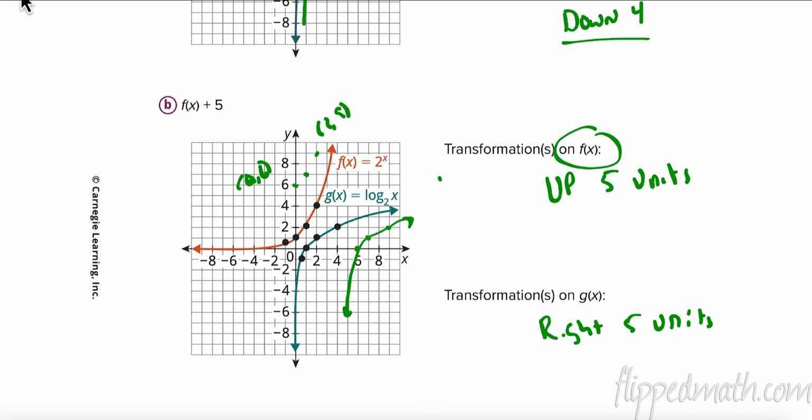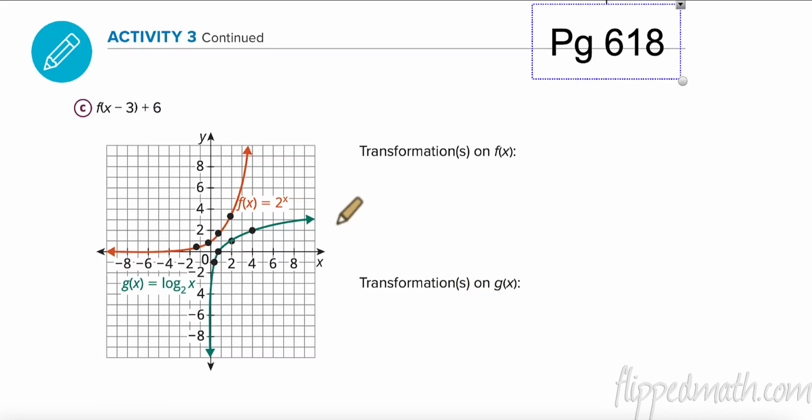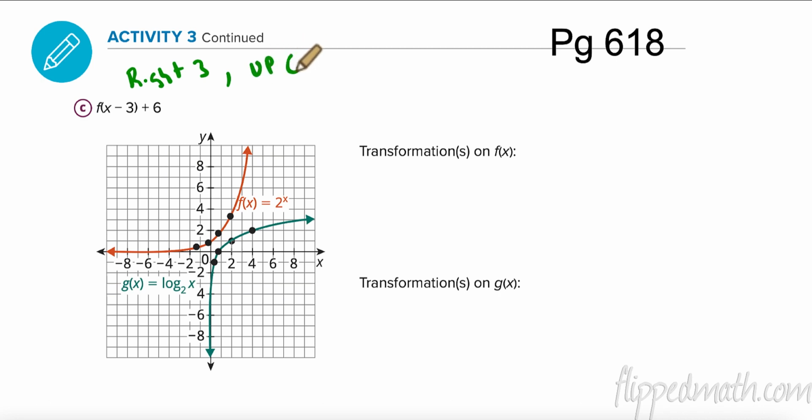Let's try another one. Let's just try and see if we can figure this out. So this is going to be right 3 and up 6, right? Right 3, up 6. That's what our transformation on f of x is. So what should our transformation be down here? So right 3 would be up 3 because x becomes y.